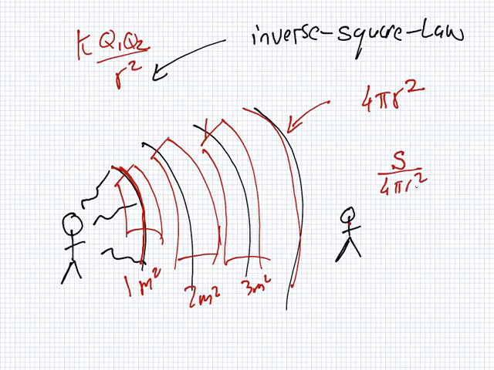This is the reason why formulas often have an r squared in the denominator. It's because the force, the charge, or whatever it is, is getting spread out over a bigger ball as it moves out. This is the thinking behind these formulas as well. As the charge spreads out, it gets weaker, because it's being spread over a bigger area.